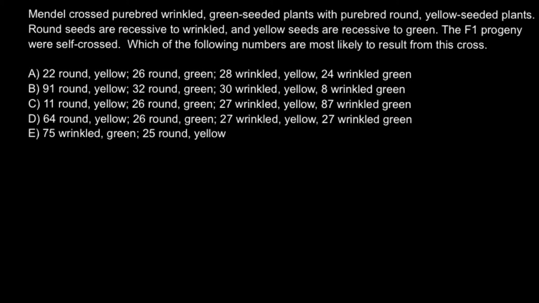So we have two parents, parent 1 and parent 2, and we know that the first one is wrinkled with green seeds. Also we know that round seeds are recessive to wrinkled.